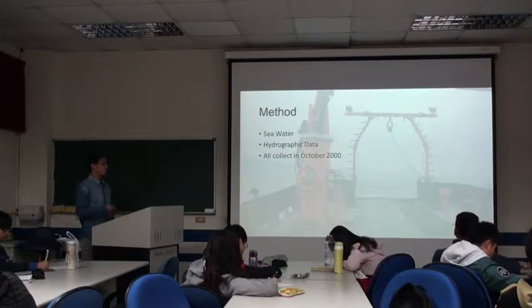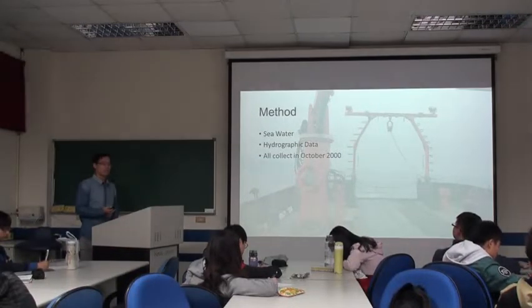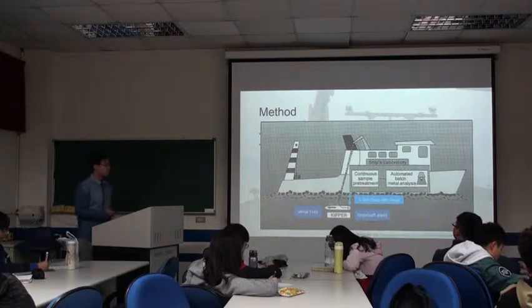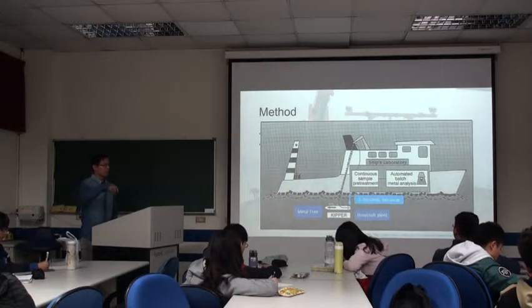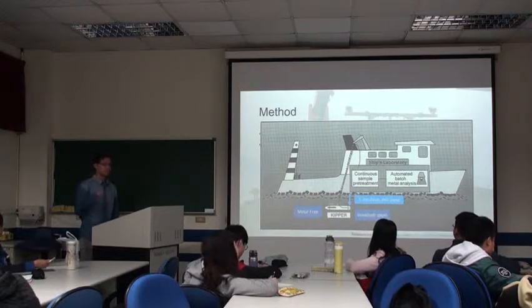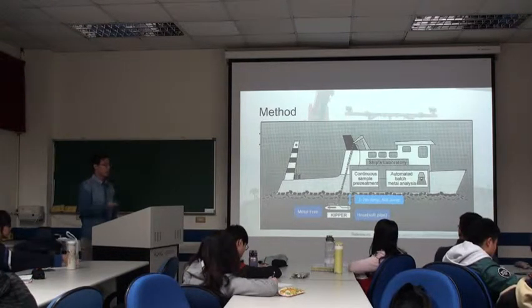That's the method. We collected seawater and hydrographic data, all in October 2000. The seawater was collected by this equipment, which is covered by metal free material so as not to pollute the sample.